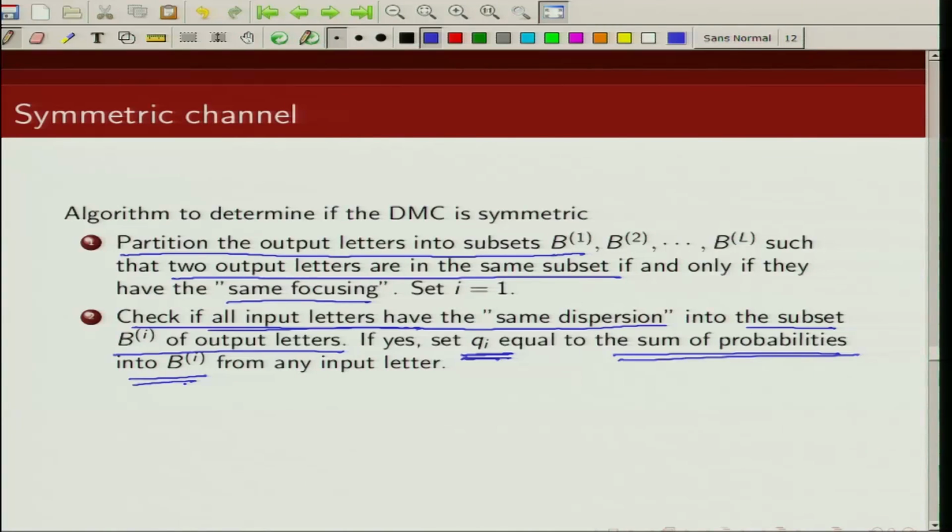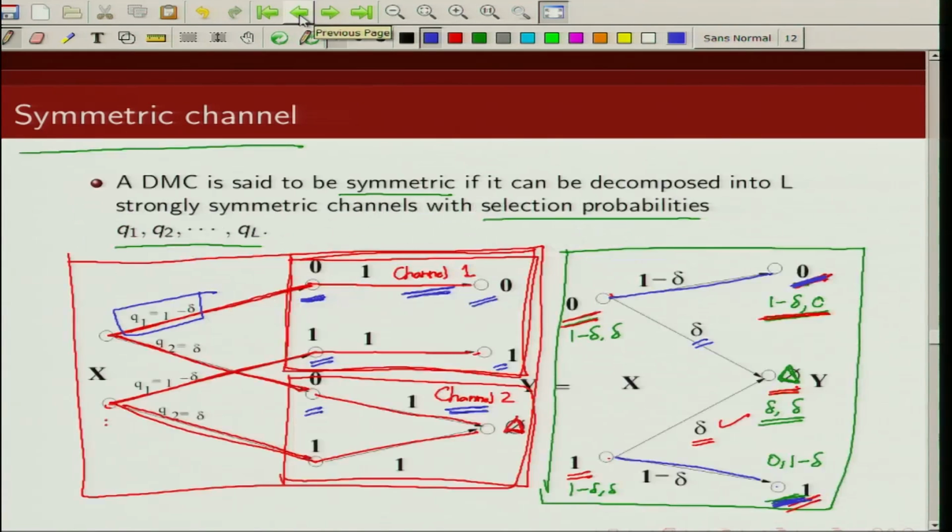Once we know these selection probabilities Qi, we can easily find out the transition probabilities, because we know, for example, that the transition probability from this input to this output is this times this, which is this quantity. So we can find all these transition probabilities by mapping the transitions from each input of this channel to this channel.